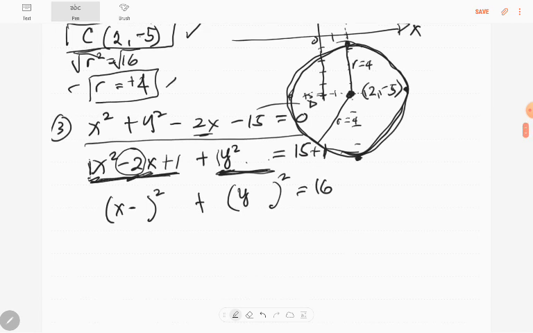Now, how do we find the factors here? Since this is a perfect square trinomial, you just have to get the square root here. The square root is 1, so you just put 1 here.